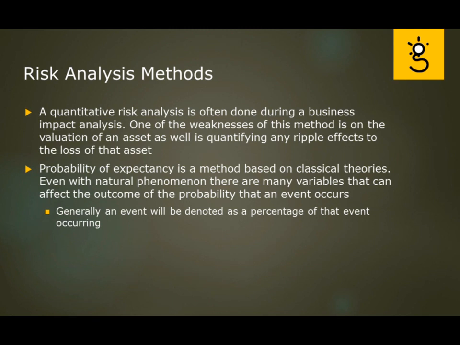But if we look over history, we can say that in this region, a tornado occurs in the city once every 10 years, right? So we know that the likelihood of a tornado is like 10% every year. And that's what we do, we denote these events in percentages of how often the event occurs.